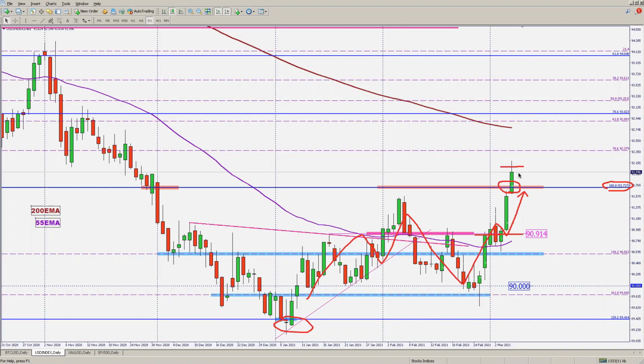So this suggests there could be a potential move higher as well, to perhaps test the 200 EMA. But initially it will likely have to get to the 78.6 retracement first.